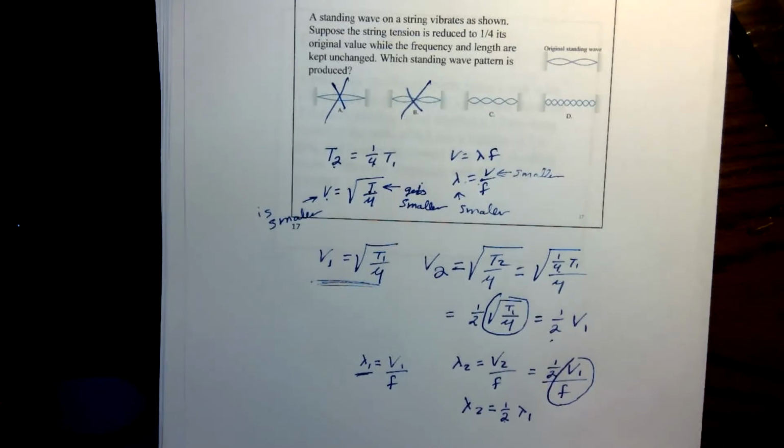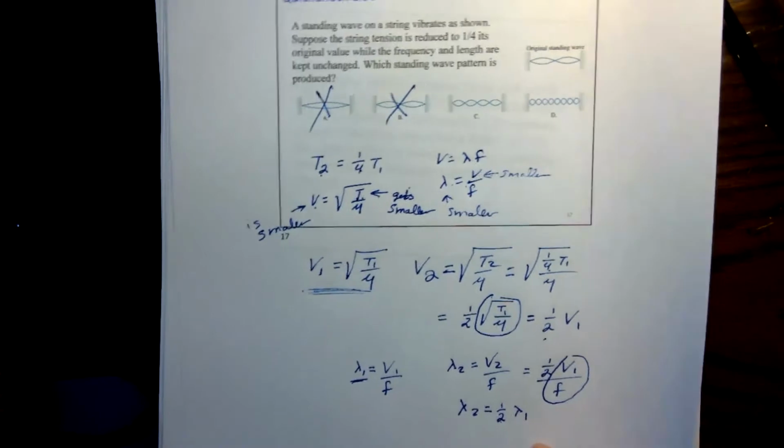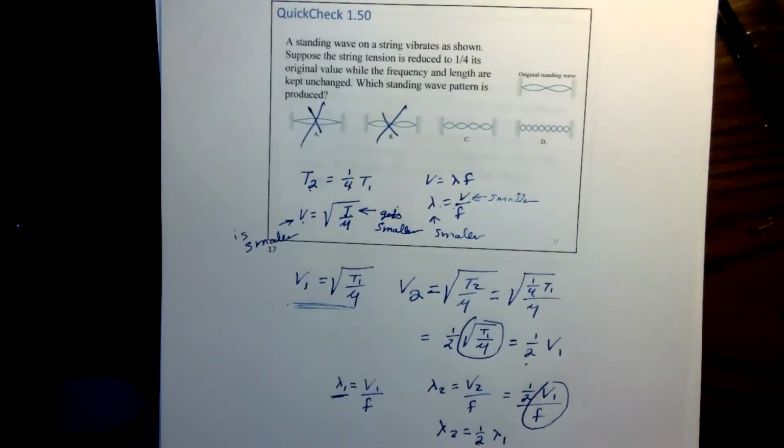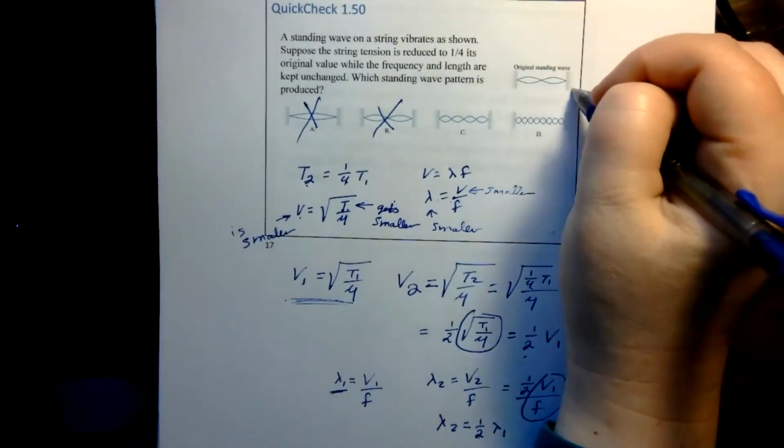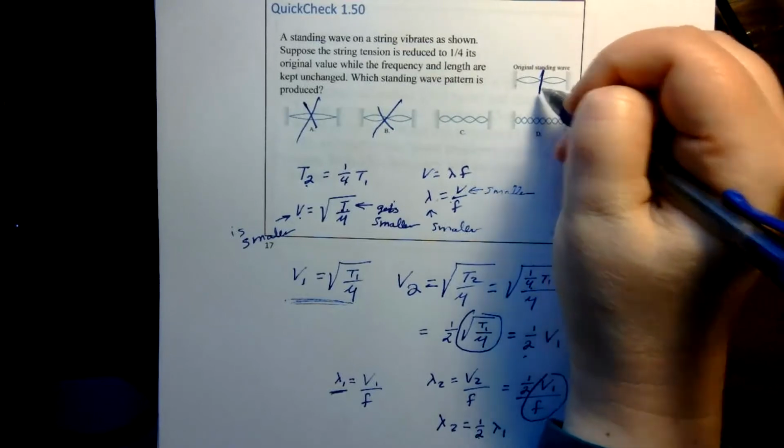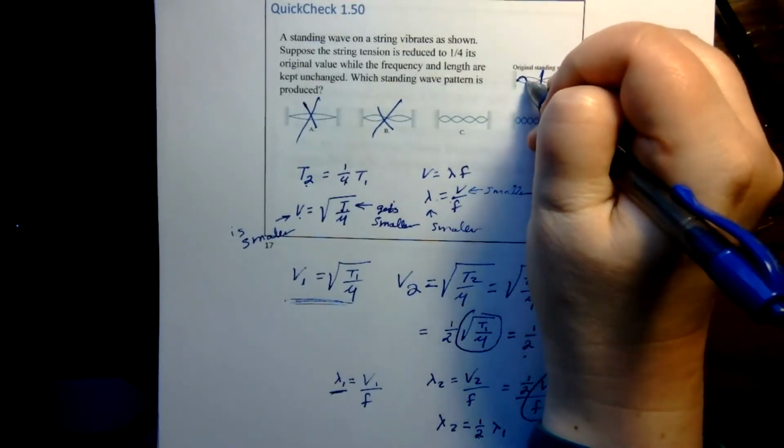So what does that mean? It means that before, our wavelength spanned the whole thing. Now we're going to have one full wavelength in half the space.